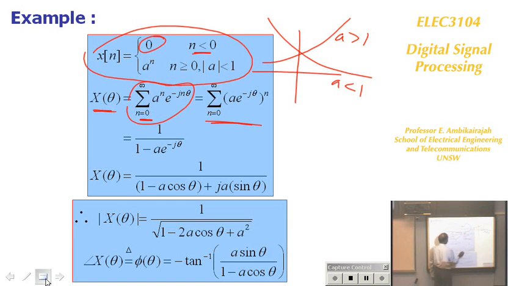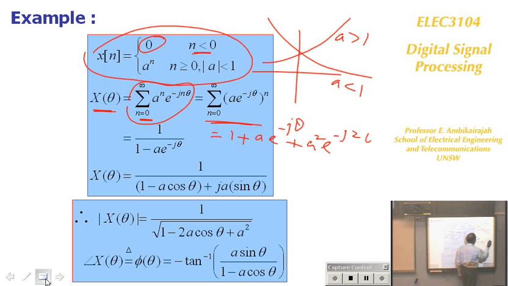When you evaluate this, it becomes a power series, which is 1 plus a e to the minus j theta plus a squared e to the minus j 2 theta plus and so on.